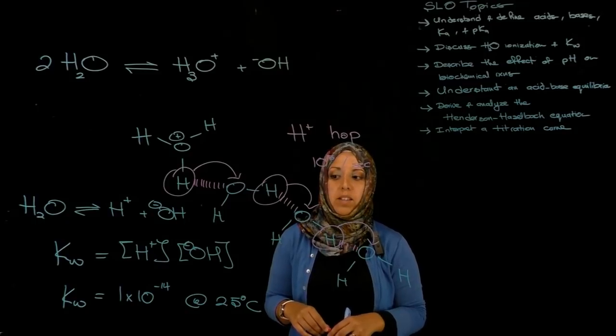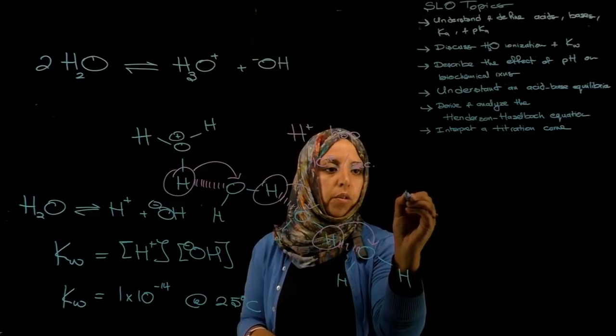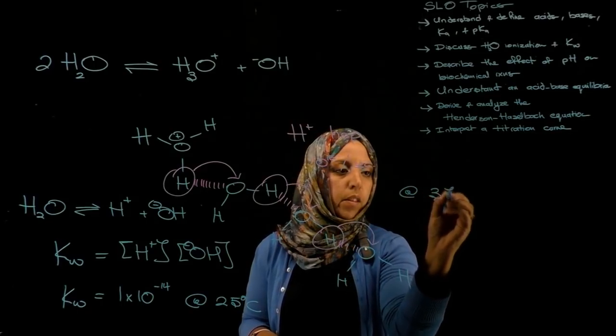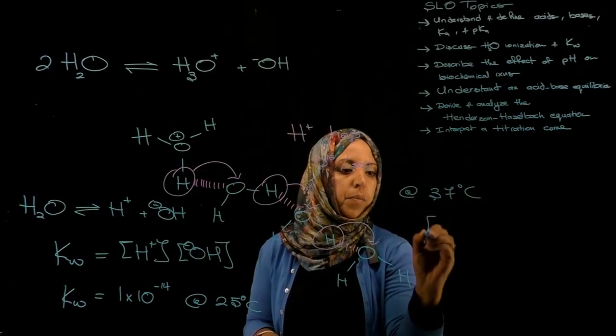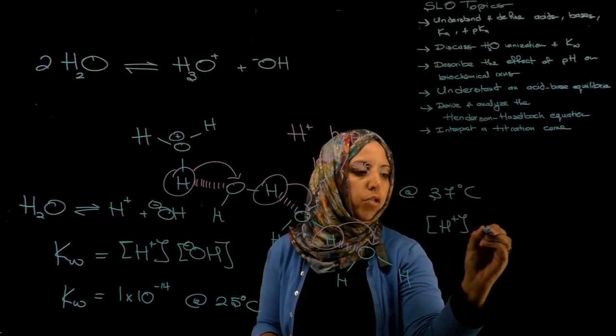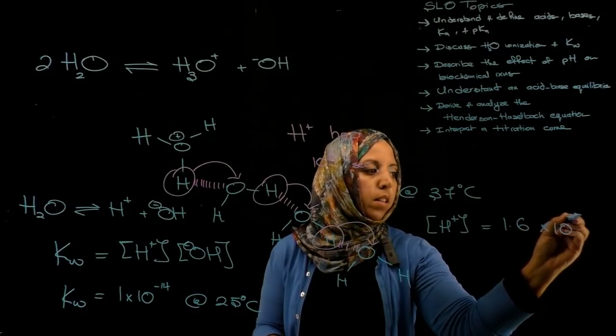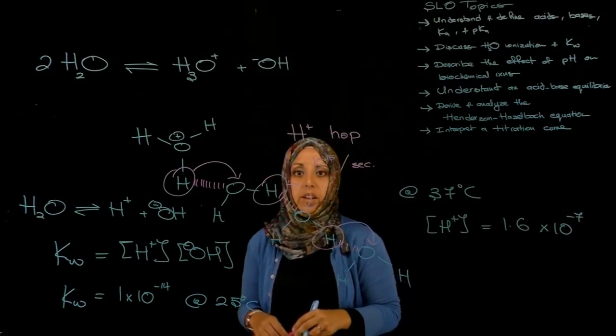They're 1.6 times 10 to the negative 7. So at 37 degrees Celsius, the proton concentration, which is equal to the hydronium ion concentration, is really around 1.6 times 10 to the negative 7.